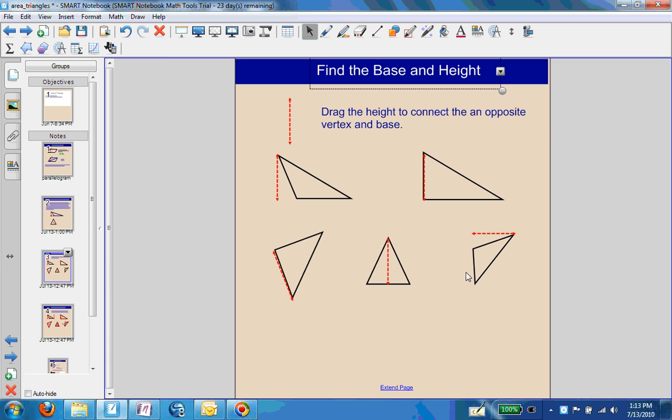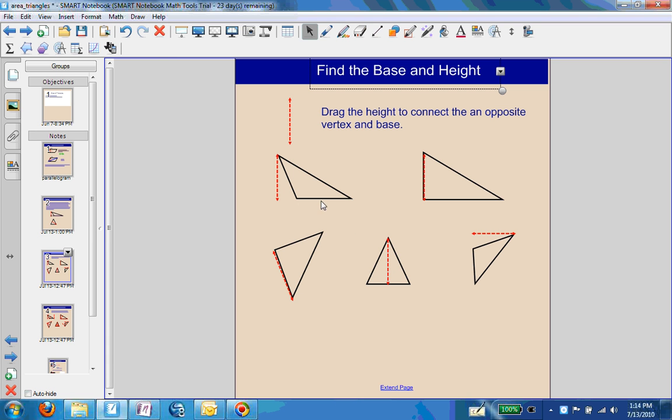In the next example, I have an obtuse triangle, much like the first example, and I picked this top right vertex, and I drew a line down perpendicular to the opposite side, even though that side will not extend to the height. I can imagine it, and so I can see where the height is. Now, one thing that's kind of interesting is with triangles, you have either 2 or 3 heights.